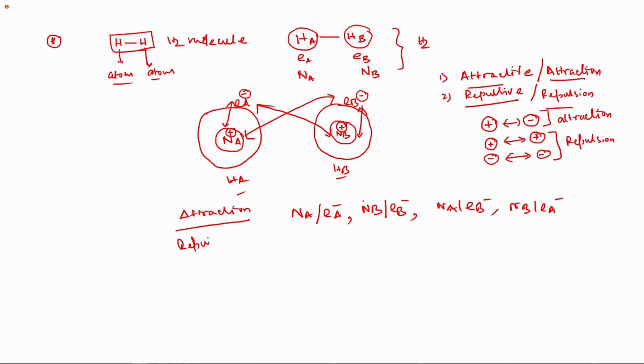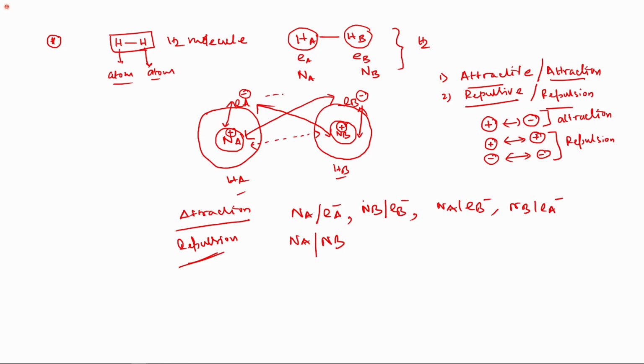Similarly for repulsion, if you see, positive positive, negative negative. So repulsion is present in only two types. N of A is positively charged, N of B is also positively charged, so between these two nuclei there is repulsion.